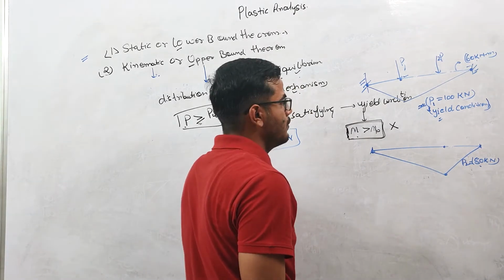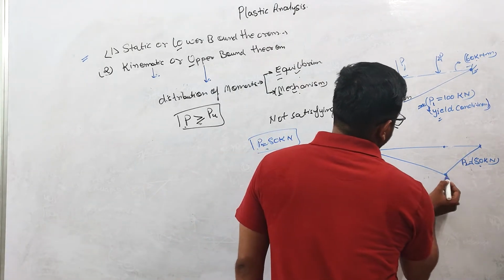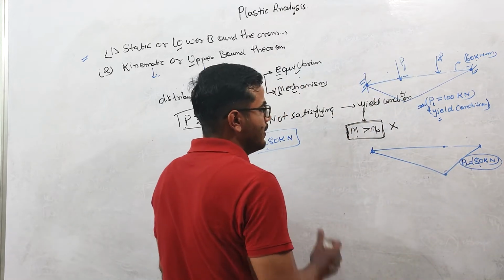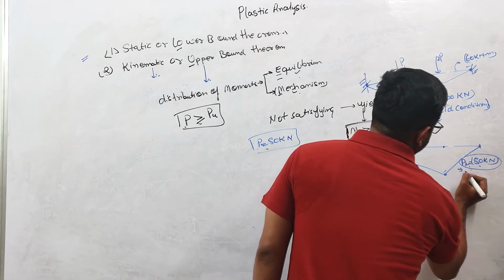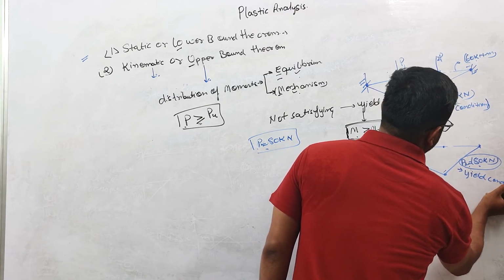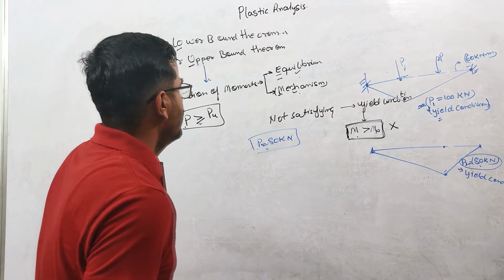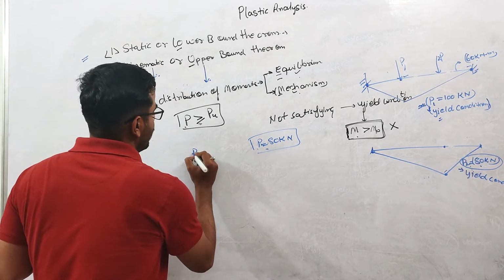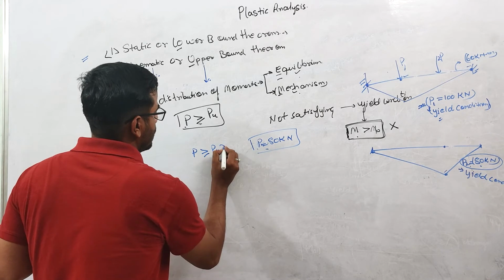You need to reduce this load. And if by adopting this, you are getting this load P2 equal to 80 kilonewton, and it is also satisfying the yield condition, so this is our collapse load. So in this distribution of moment, the load which we are getting will always be greater than or equal to Pu.